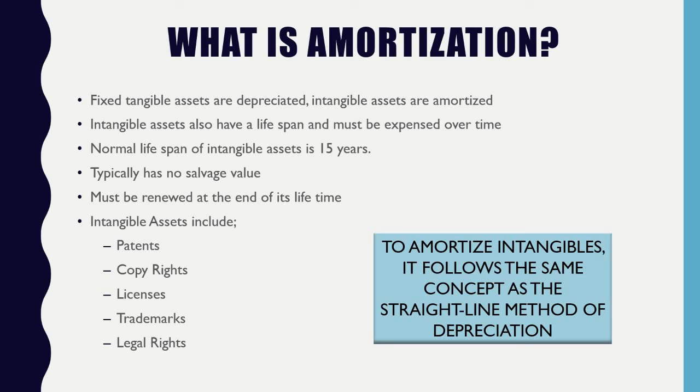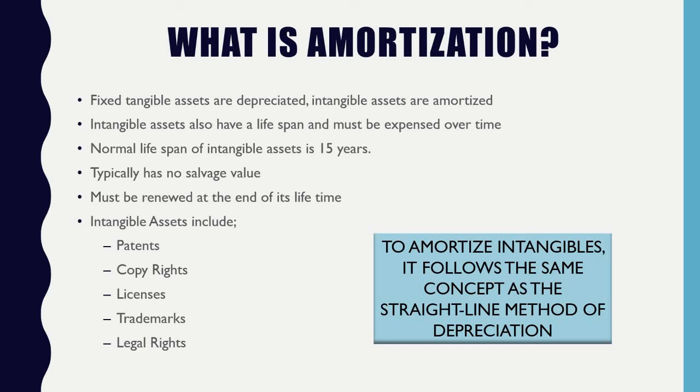Therefore, it can never have a residual or salvage value, because it expires and you have to renew it. So that's one key component you will not have when you're doing amortization, because you can't hold a value on it. The value is determined by how long you plan to protect it for, and it expires. So that's one component you don't have to worry about.